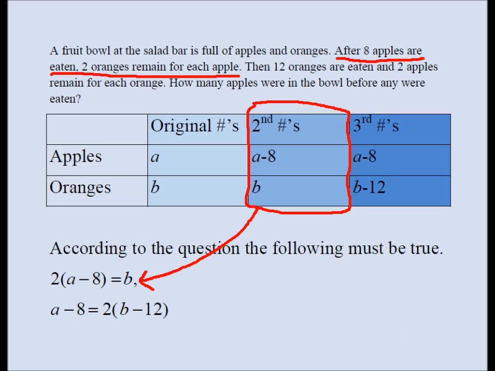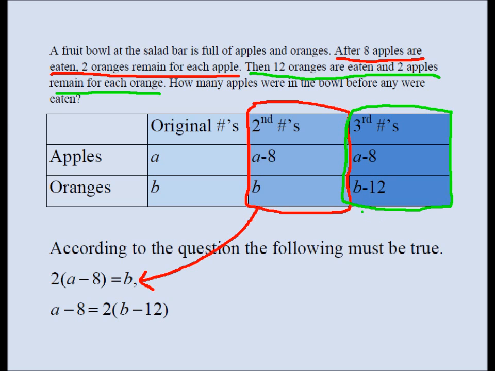And we're going to do the same thing with this statement. 12 oranges are eaten. After 12 oranges are eaten, 2 apples remain for each orange. Now we are in this box. After 12 oranges were eaten, we had A minus 8 apples and B minus 12 oranges.